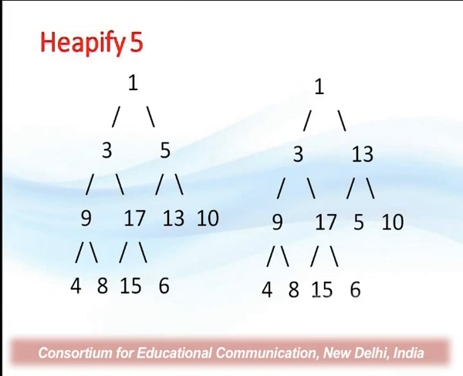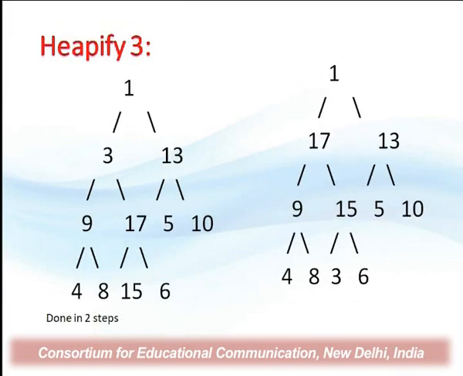So the next step says we need to heapify 3, which is the left sibling of 5. In order to heapify 3, we need to compare it with its two children, left and right, which are 9 and 17. So what needs to be done?